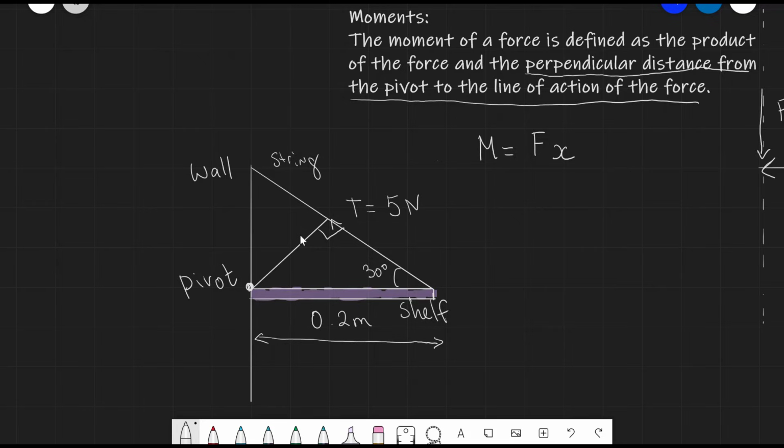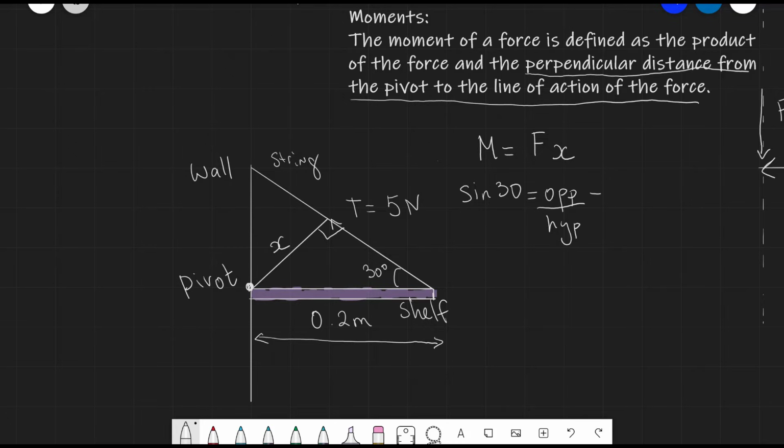Now we can use some trigonometry to find our perpendicular distance x. Let's use, for instance, the fact that sine of 30 is equal to the opposite divided by the hypotenuse.